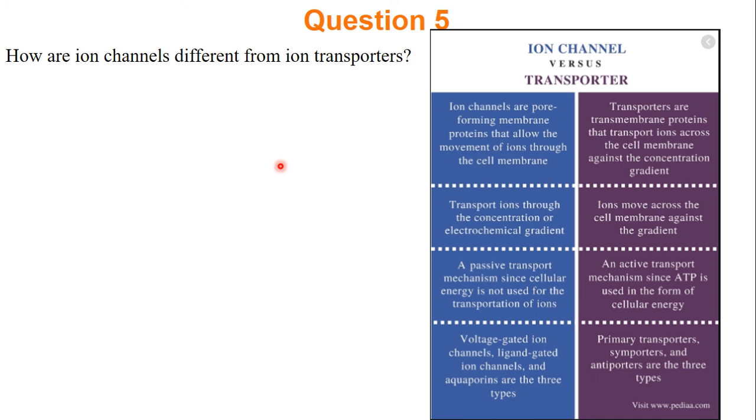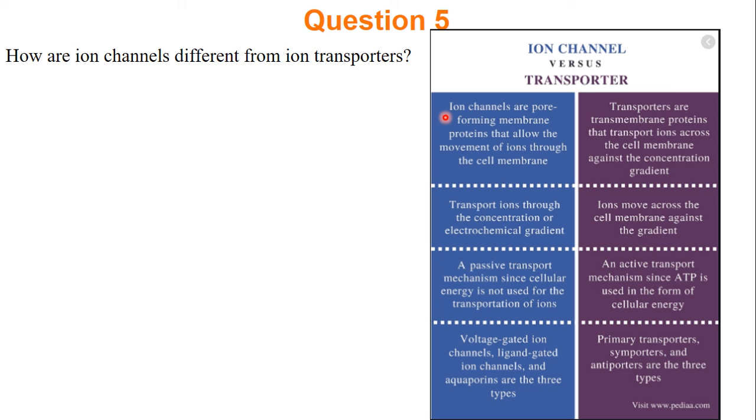So how is a channel different from a transporter? I got this infographic, so we know what a channel and what a transporter is. A channel is more like passive transport. It just opens up, allowing ions to go from one side to another, from high concentration to low concentration for the most part. And they don't use energy all that much.